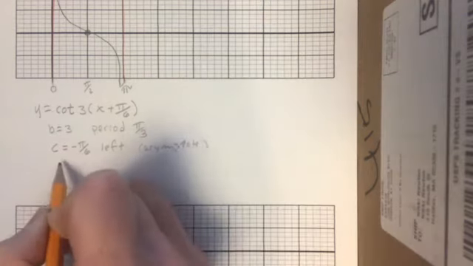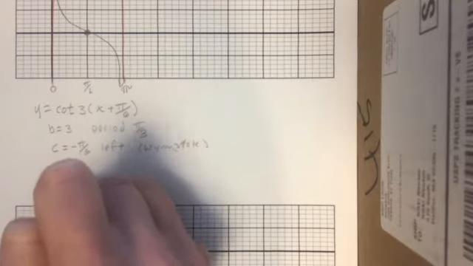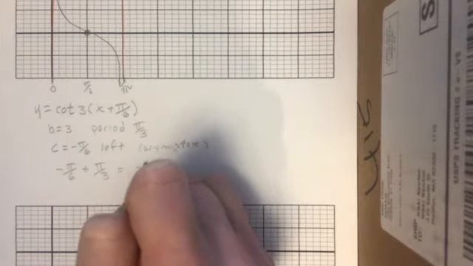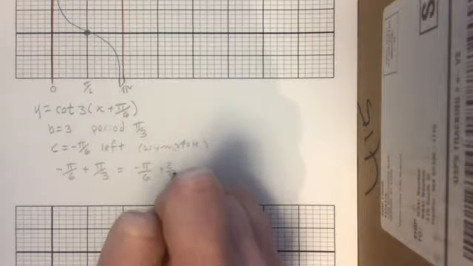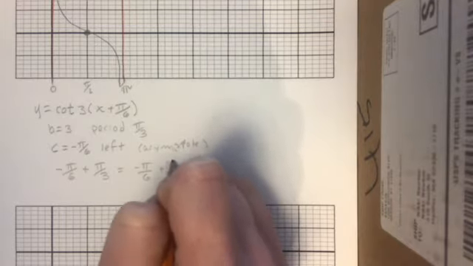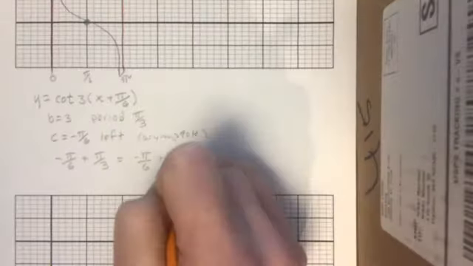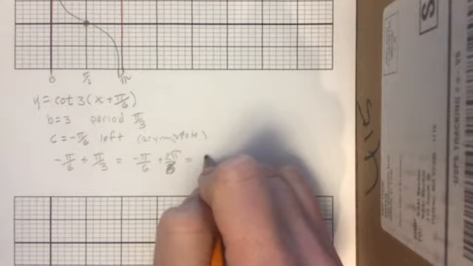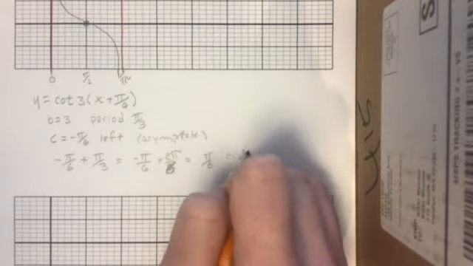And then where's my other asymptote? Negative pi over 6 plus the period, which is pi over 3. So that would be negative pi over 6 plus 2 pi over 6, with a common denominator. So that gives us positive pi over 6. That is where my right asymptote is.